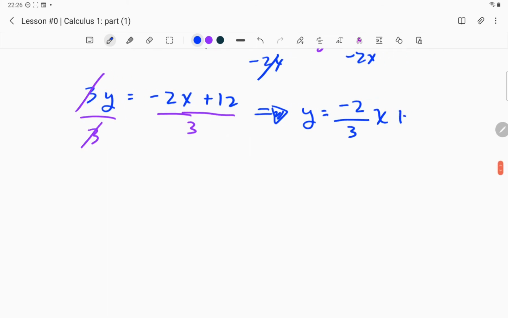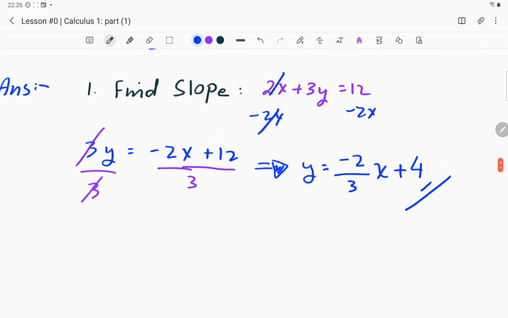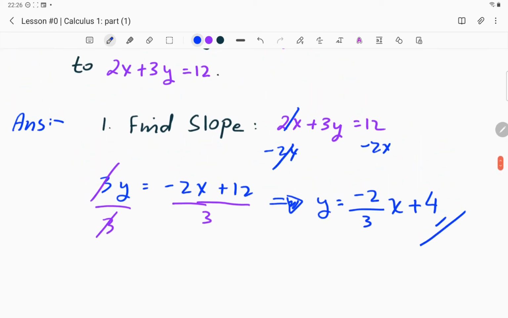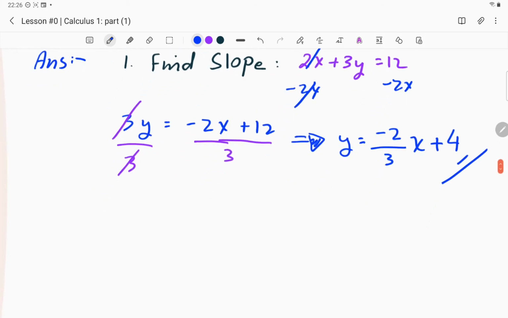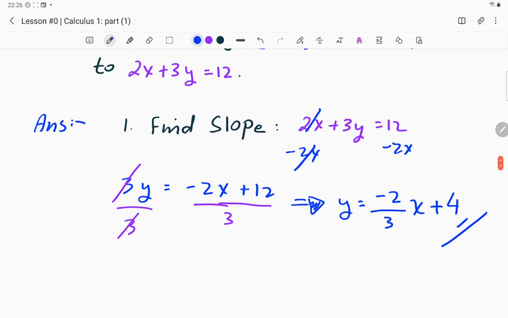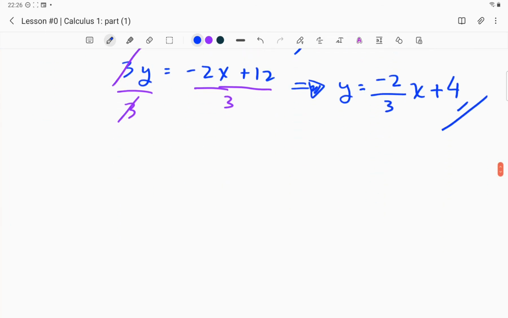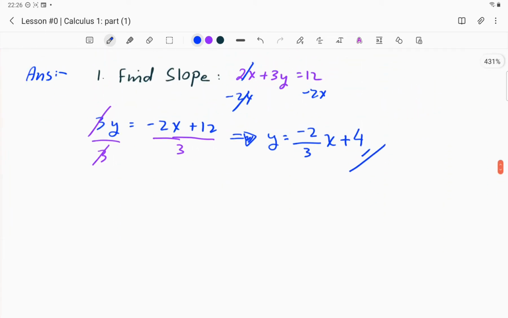And then plus, what's 12 divided by 3? It is 4. So you're done with the slope-intercept form. You get the slope with it too, which is negative 2 over 3. Rise over run, you know that already. I should probably have said find the slope-intercept form instead of just finding the slope, but now you get me. So that's the slope-intercept form.